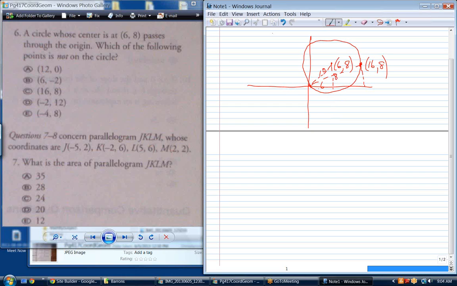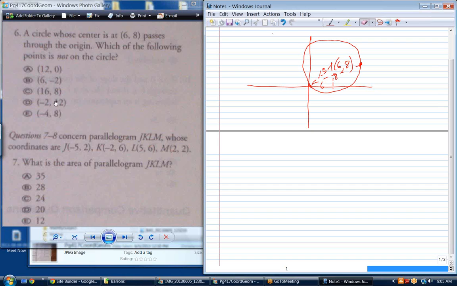So now that I think about it, we can certainly see visually that 16, 8 is going to be on the edge of the circle. 16, any other number, would not be. But this point right here would have to be 16, 8 because the radius is 10. So that point's on the circle, so is that, so is that.